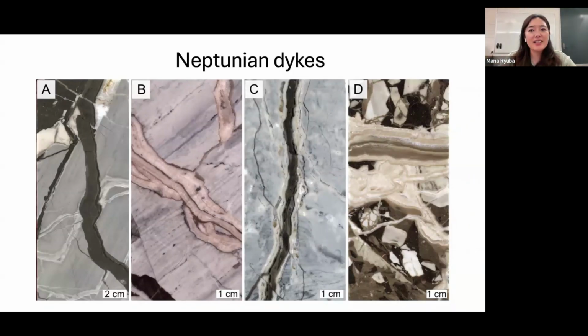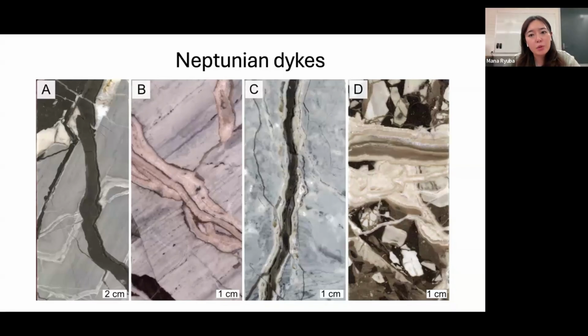Yeah, that's something we could have expected. But what's weird and wonderful about these Neptunian dykes is that we don't tend to see these laminated sediments, because we're not seeing sediments being passively deposited into them.